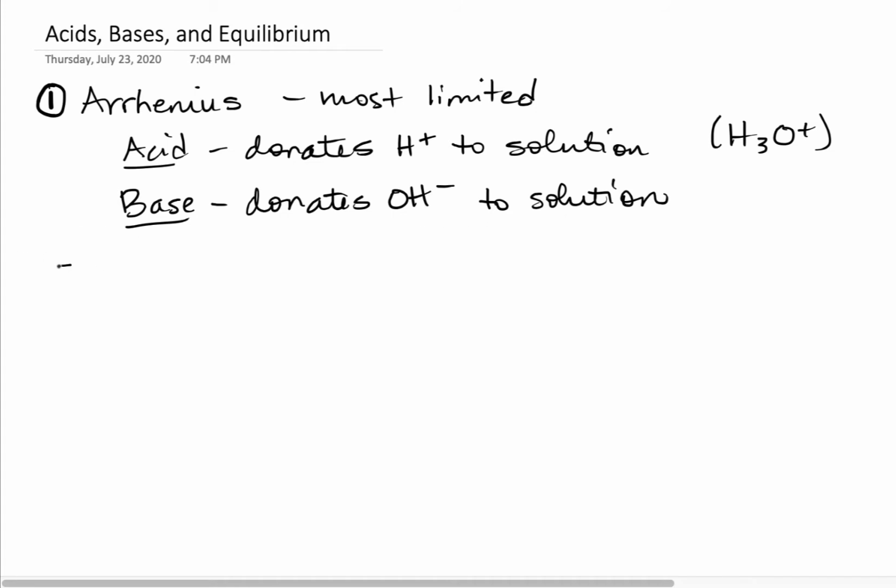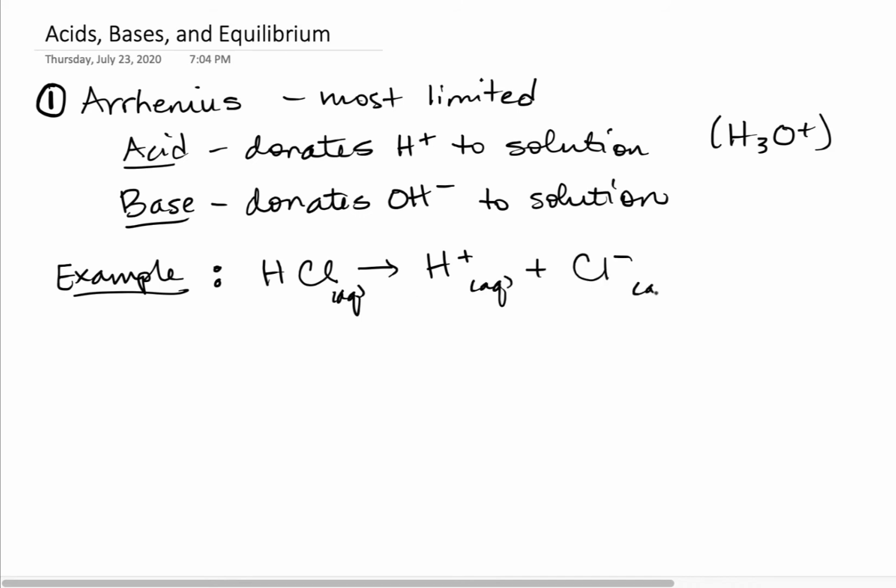So an example of each of these acids and bases, I'm just going to mention a couple of really familiar ones. Hydrochloric acid, we know when we dissolve it into water, it dissolves and releases its protons and then chloride ion. And so both of these two, the cation, the anion, dissociate from each other when they get into the water.